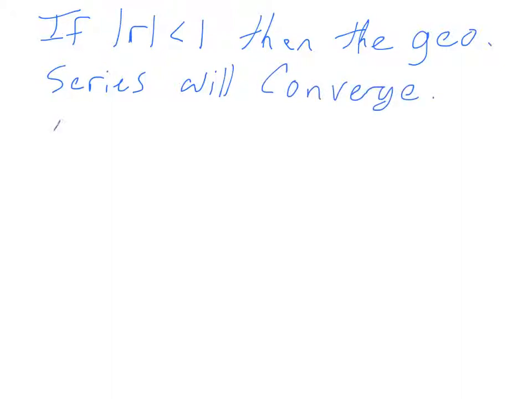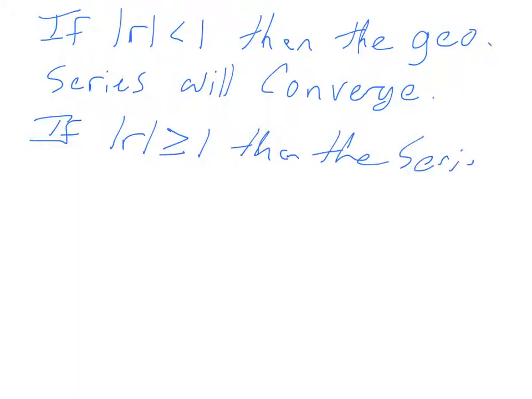On the other hand, if the absolute value of r is greater than, or sorry, greater than or equal to 1, then the geometric series, because this just applies to geometric series, will diverge.